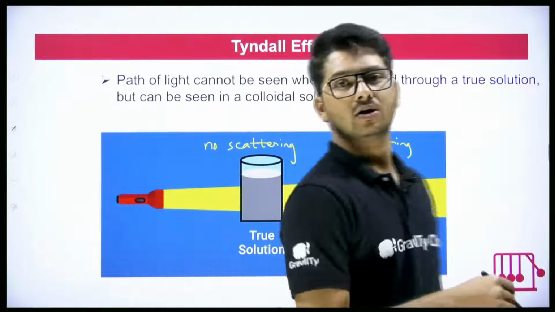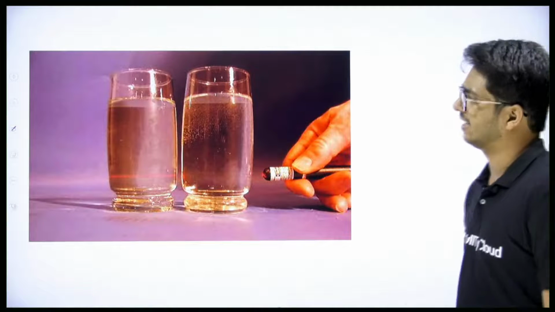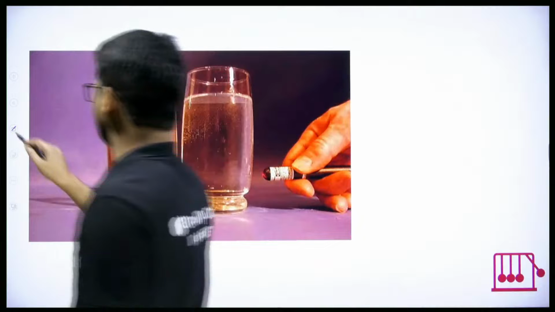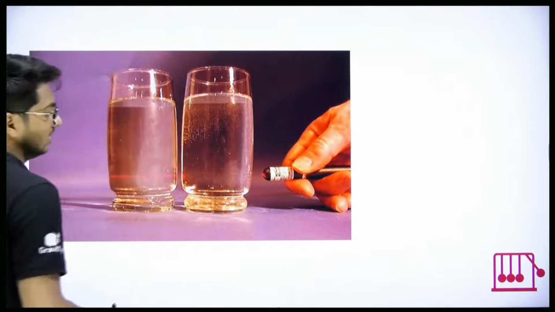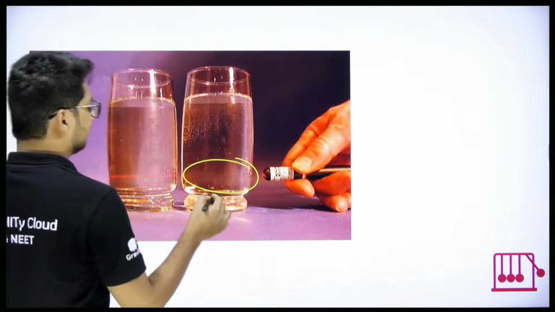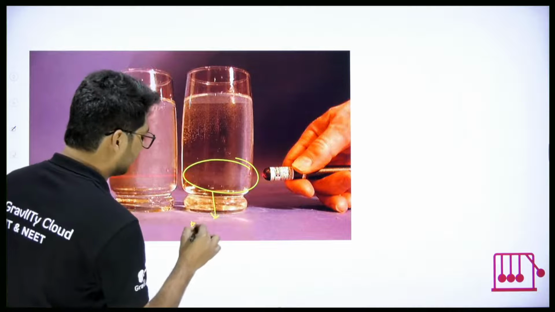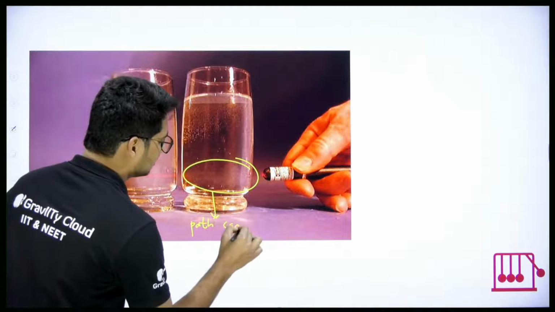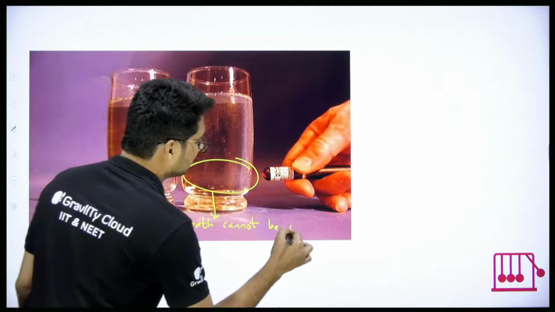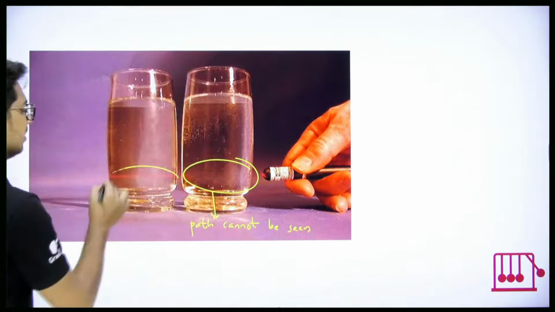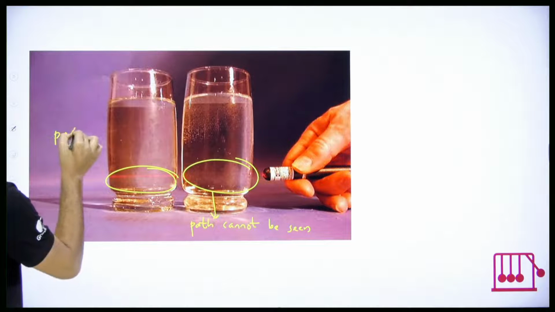Got it? Good. So we have again come back to the same example that we were discussing at the beginning. Here there is no path of light, the path cannot be seen. But here the path can be seen.